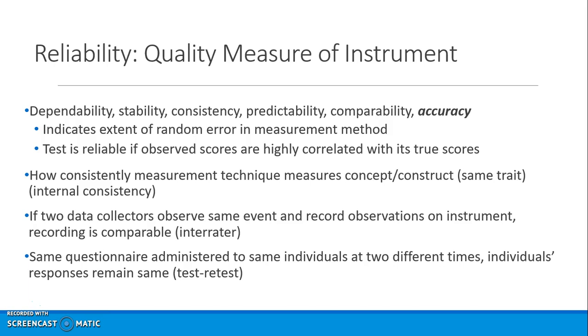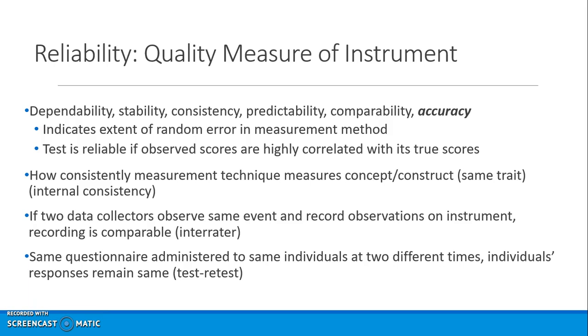So you want to know that obviously the observed scores, or the scores that you get from your participants, are highly correlated with its true scores. So you might look at measuring basically the concept or the construct and looking at how the items are internally consistent, kind of like inter-item correlation.